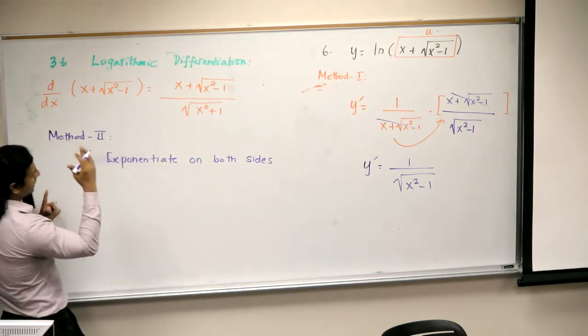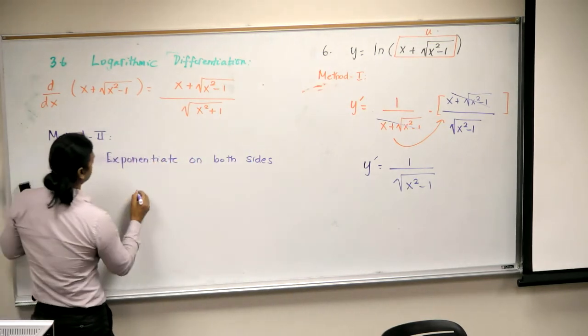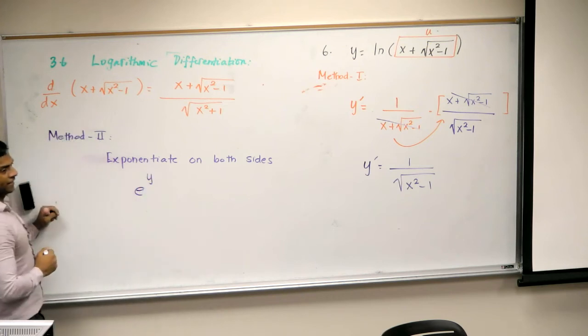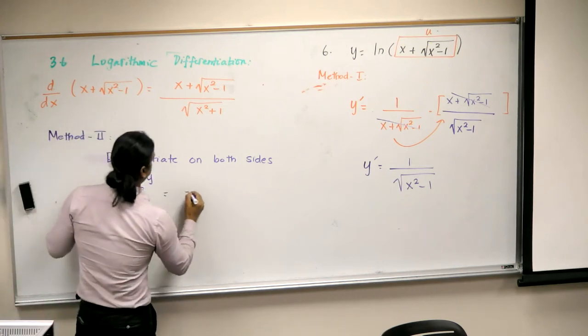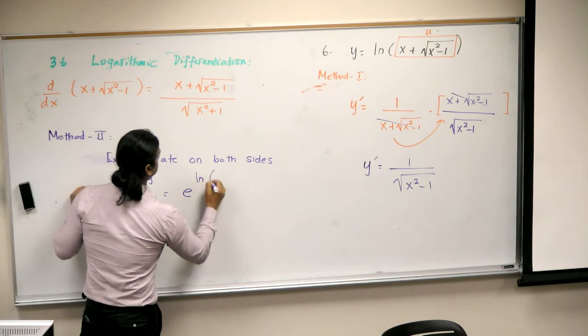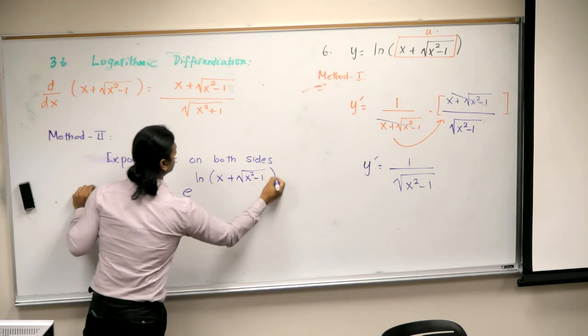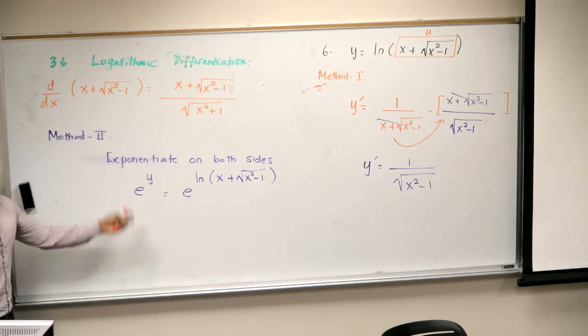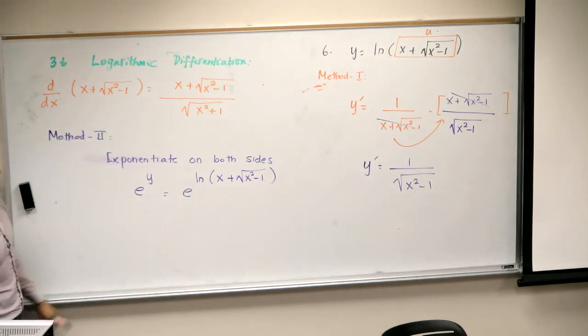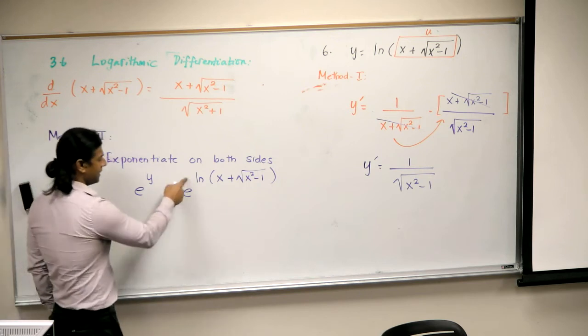So if I exponentiated on both sides, I'll have e raised y equals e raised ln of x plus square root of x squared minus 1. Correct? Now, what would happen to the e and the ln?